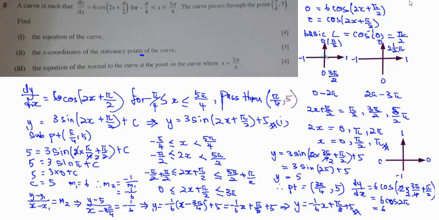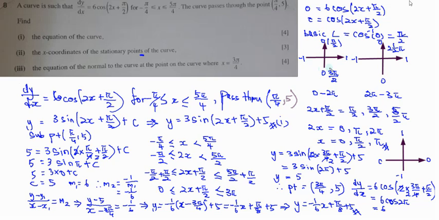Now, if you look at a cosine graph here, which I explained to you before, cosine 0 is 1, cosine pi over 2 is 0, cosine pi is minus 1, cosine 3 pi over 2 is 0, cosine 2 pi is equal to 1.